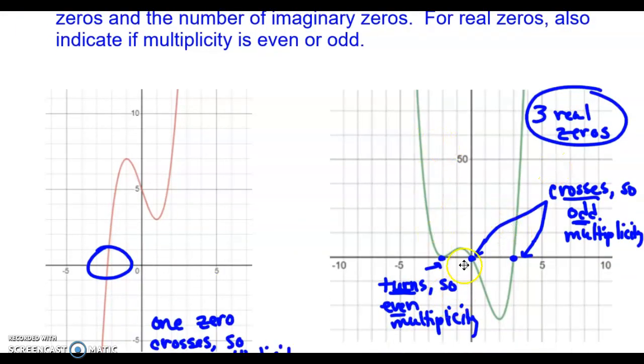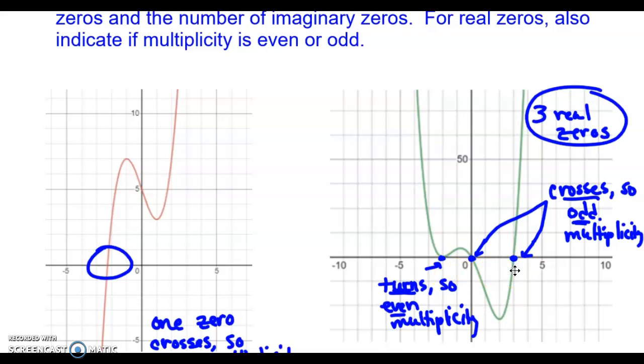This one in green here, it crosses 3 times. So 3 real zeros, 3 places I see an x-intercept. This first one, it touches and turns. So that actually means even multiplicity. Probably we'll say 2. The next two it crosses, so odd multiplicity, we'll say 1. 2 plus 1 plus 1 would be 4.